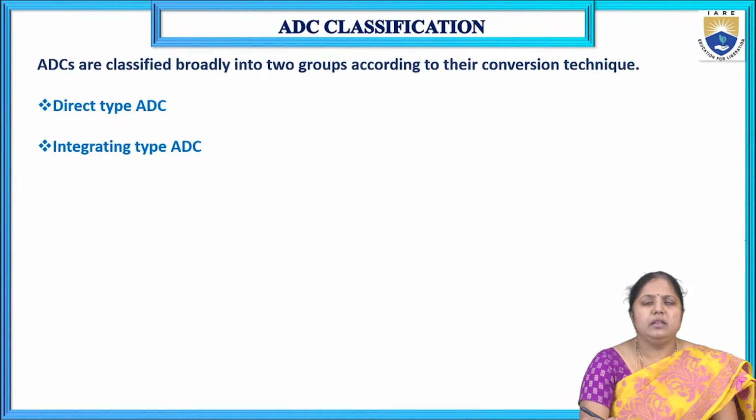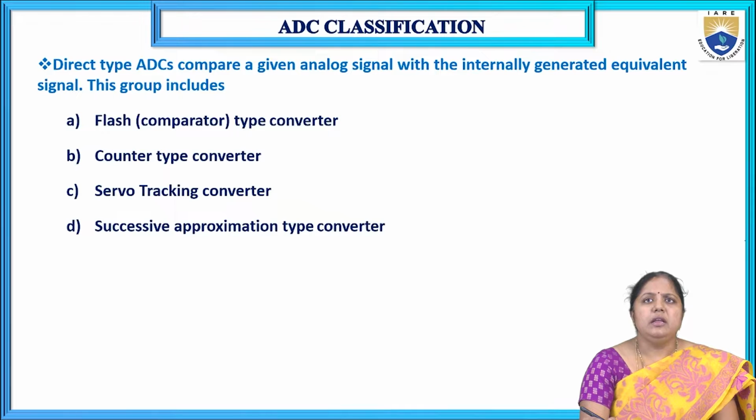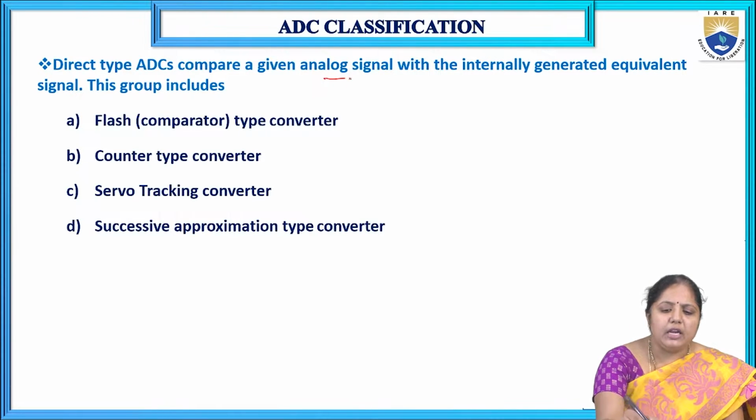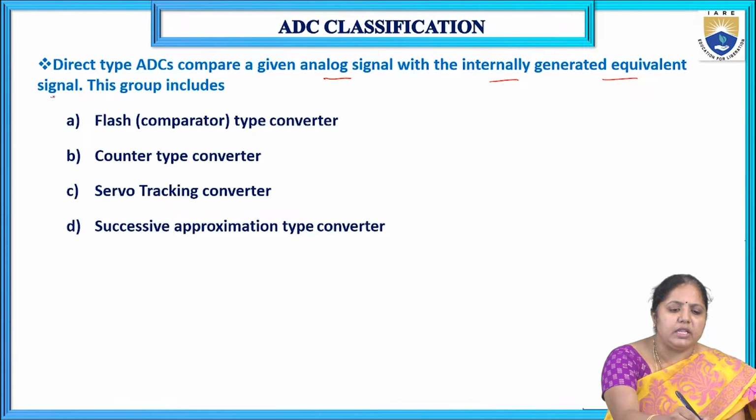If you recall the direct type of ADC, it is further classified into 4 groups. The direct type ADC compares the analog signal with an internally generated equivalent signal.